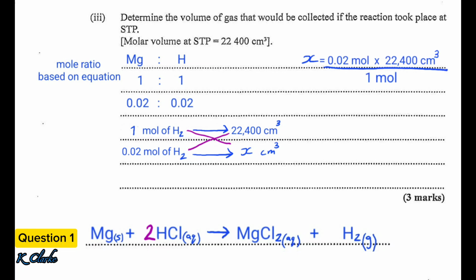X equals 0.02 moles multiplied by 22,400 cm cube divided by 1 mole. The answer is X equals 448 cm cube of hydrogen gas.